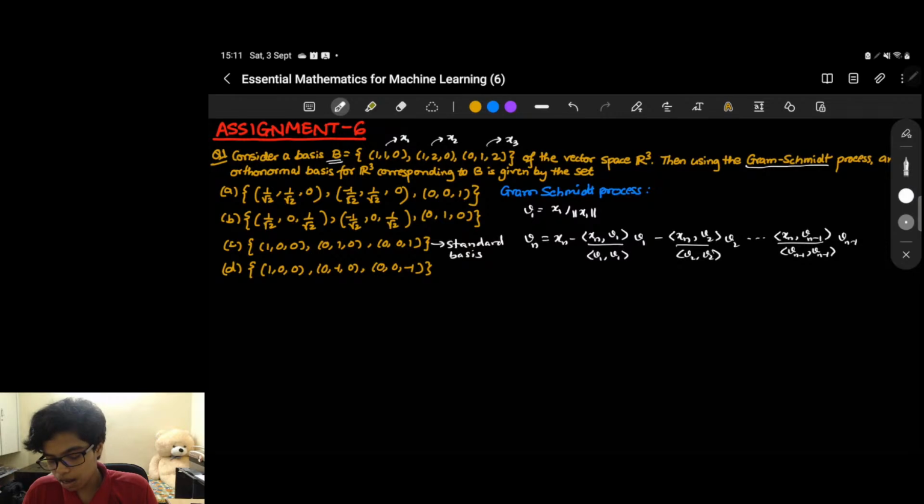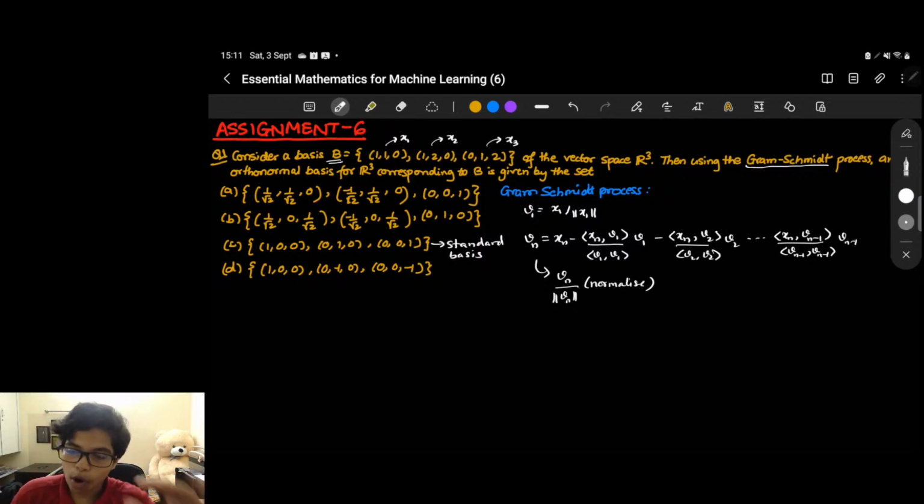So this is the algorithm for Gram-Schmidt process. And then finally, you can normalize this vector by taking Vn and then normalizing it by its length. So normalization is to get orthonormal. So this Gram-Schmidt process gives you an orthogonal basis given from whatever basis that you have to start with.